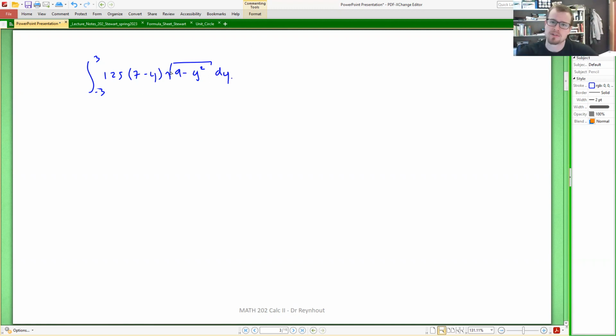I'm going to distribute the square root over this subtraction, and at the same time pull the 125 out. So this is 125 times the integral from -3 to 3 of 7 times the square root of 9 minus y squared, minus the integral of y times the square root of 9 minus y squared.